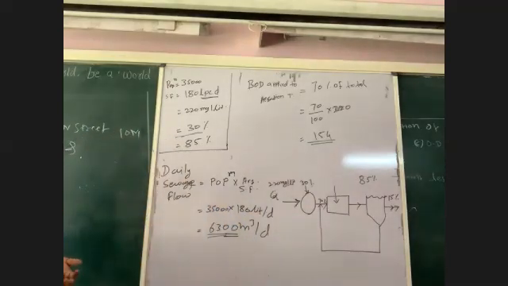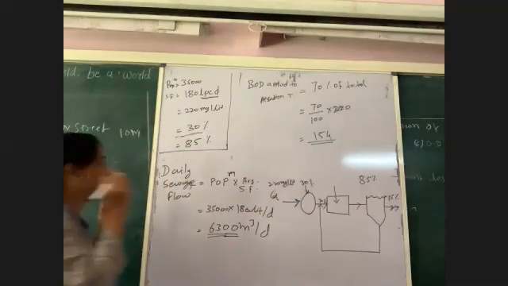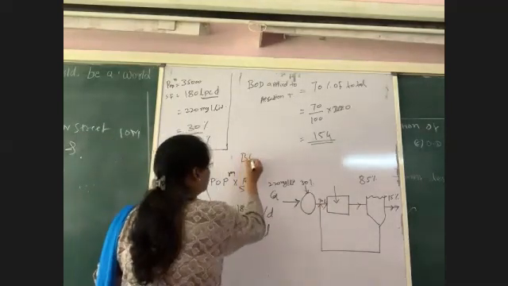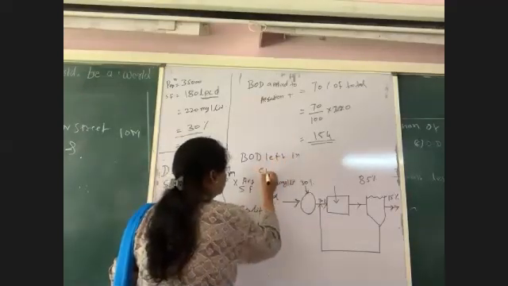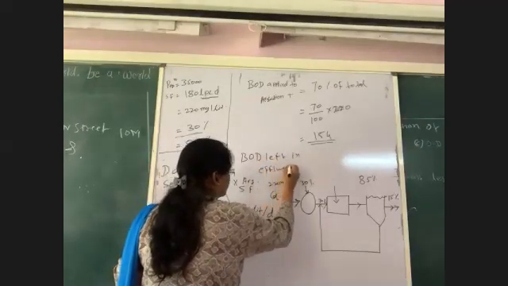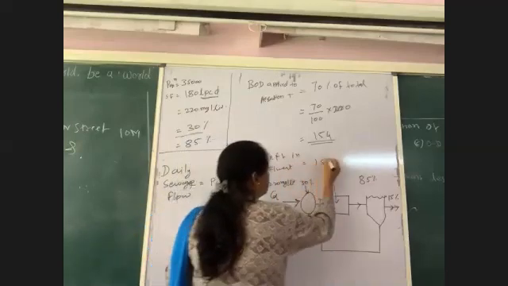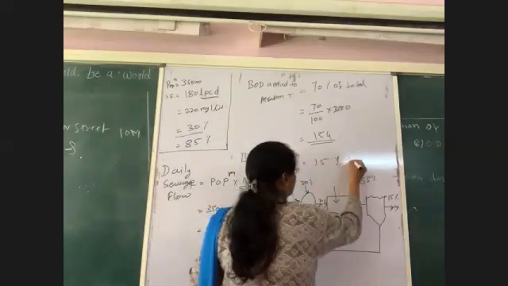So write down: BOD left in effluent is equal to 15% of total.